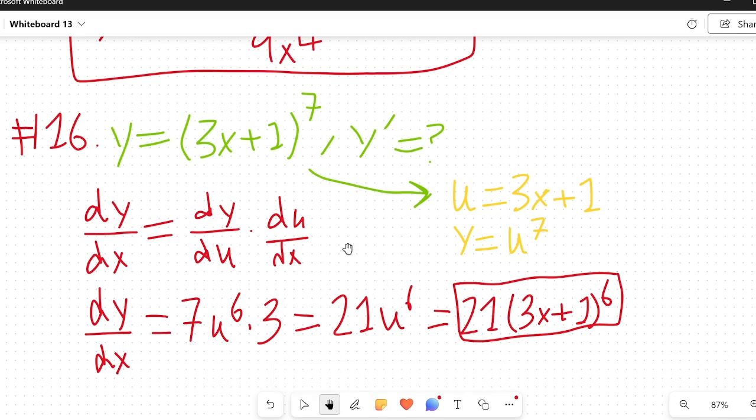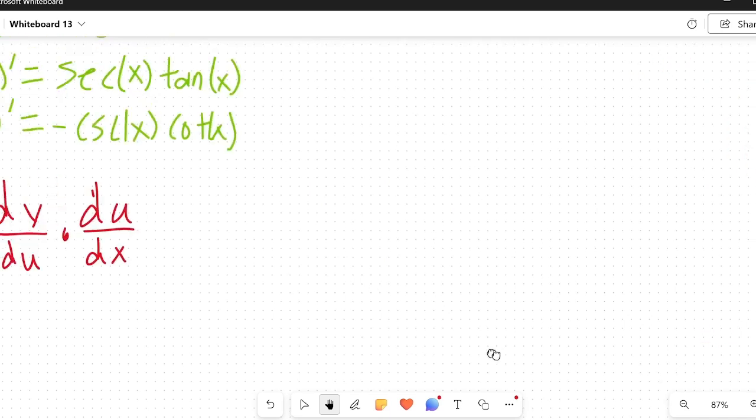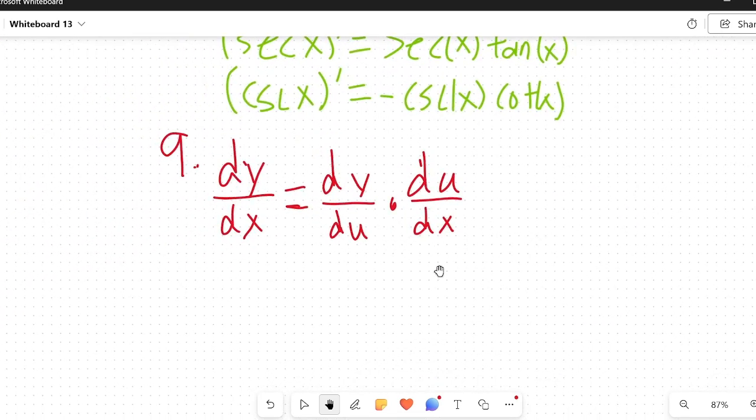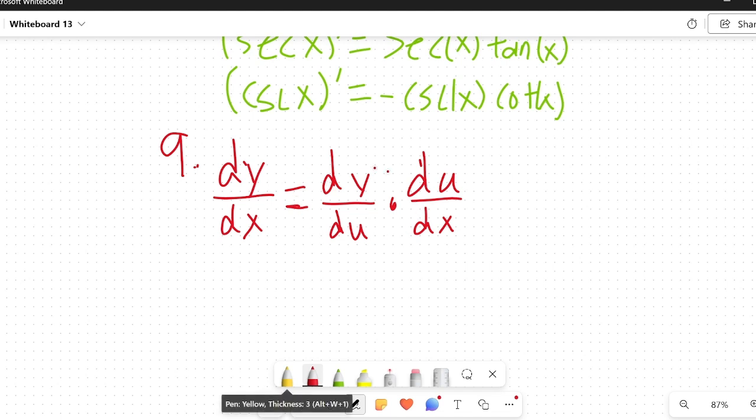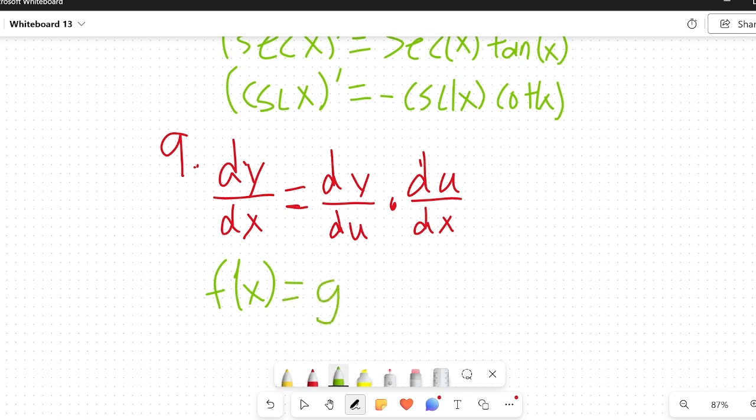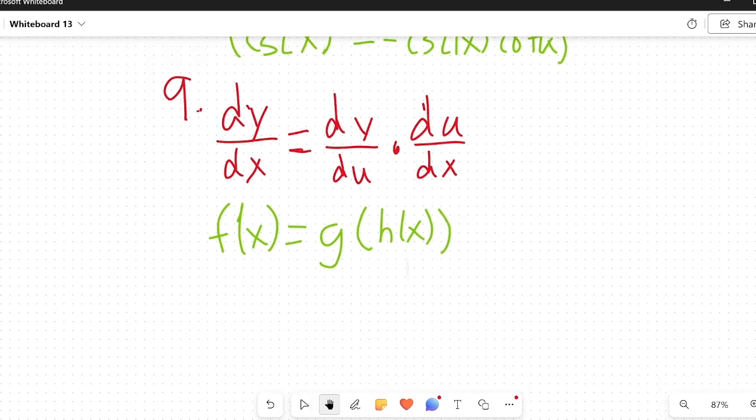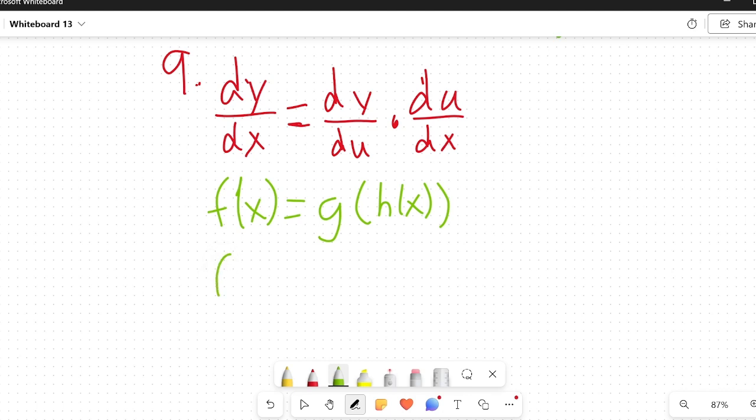And essentially, we can actually extend the chain rule so that, instead of doing it like this, and this should be pretty intuitive as to why it works, what this means is that if f of x equals g of h of x, where the two functions are enclosed, then f prime of x equals g prime of h of x multiplied by h prime of x.